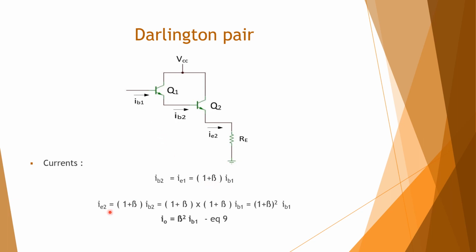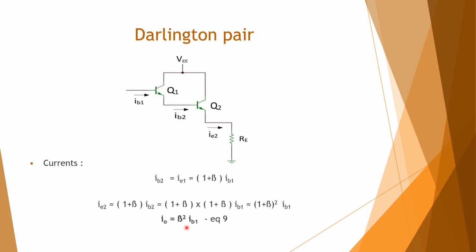So IE2 equals 1 plus beta into IB2, and substituting IB2 from this, that is 1 plus beta into IB1, it equals 1 plus beta the whole square into IB1. Beta is very high, at the minimum range it will be 100, so we can remove the 1 here.